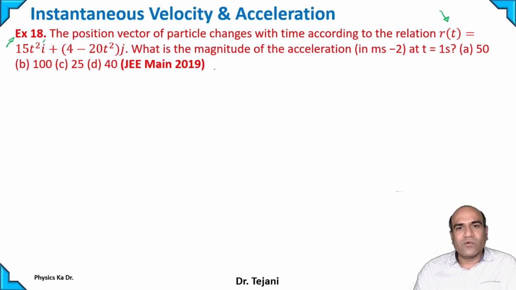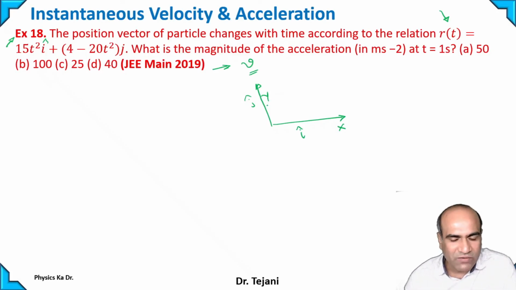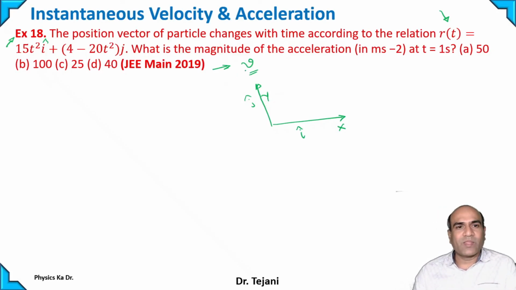What is this i? See, I have a full session on vectors, and everything about vectors is explained there. i shows the unit vector along the x-axis, and j shows the unit vector along the y-axis of the Cartesian coordinates. I suggest that if you have not gone through vectors, then I have videos on vectors. You should have a detailed understanding of vectors, otherwise there are chances that you may lose marks.